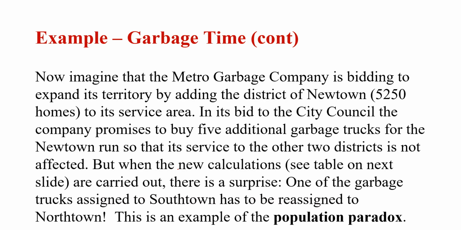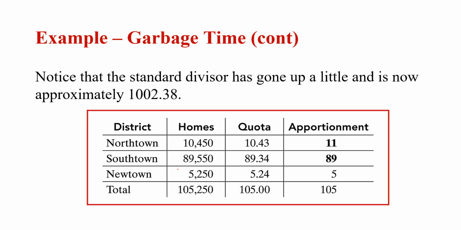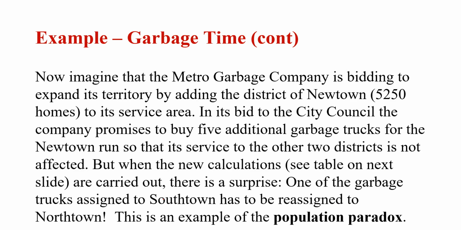All right. Now imagine Metro Garbage Company is now bidding new territory called Newtown, 5,250 homes. And so this one comes into play. Now the total is this. Right, but it already has 5 new garbage trucks, so they're trying to compensate with the new garbage trucks as this town comes in.